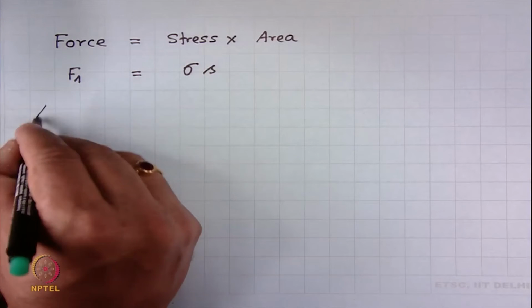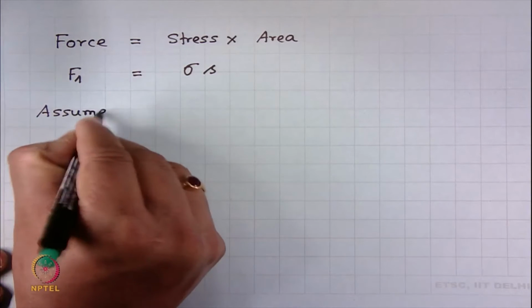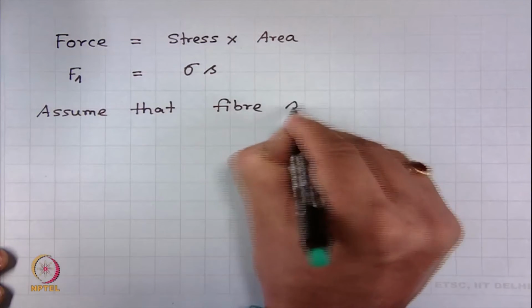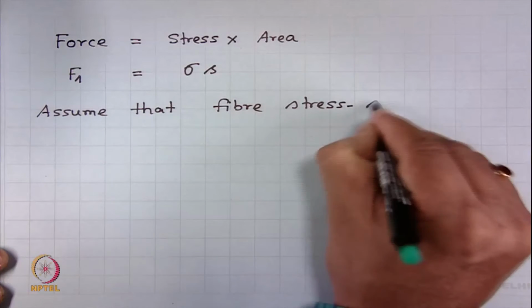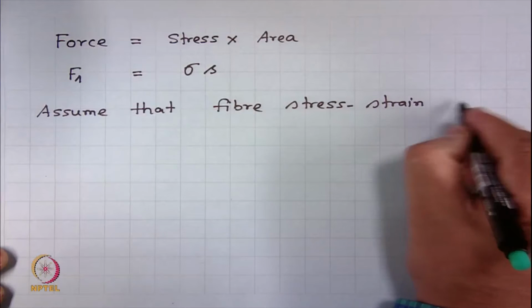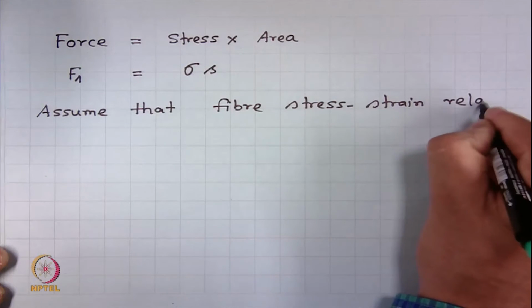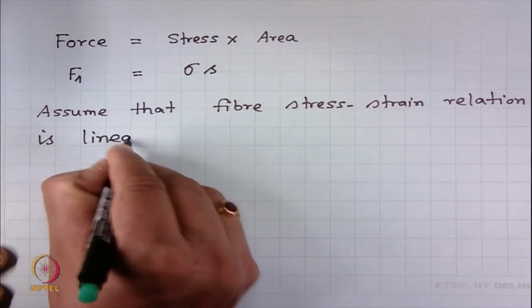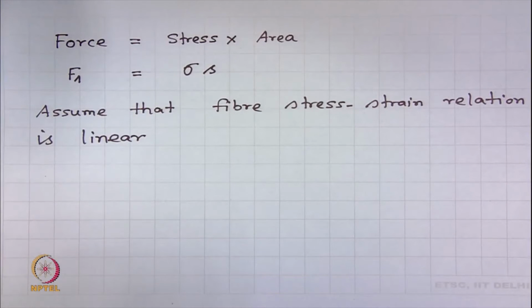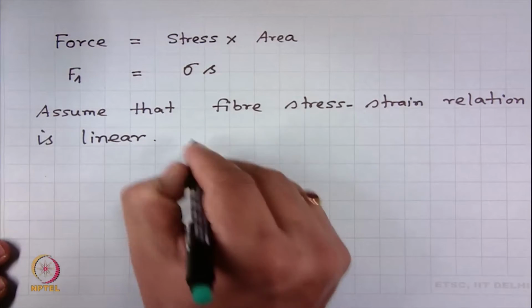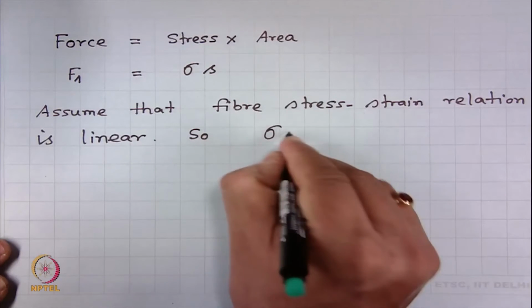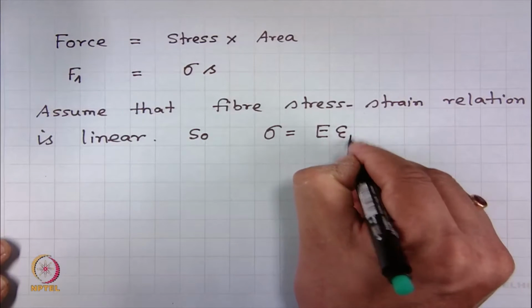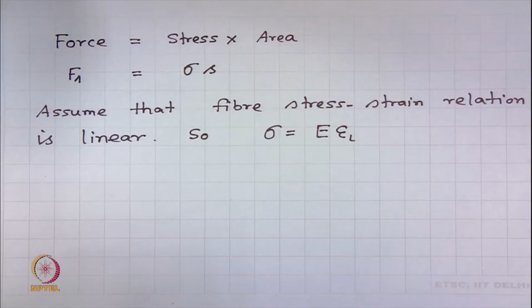We assume that the fiber stress strain relation is linear. So, sigma is equal to E times epsilon L, Hooke's law.